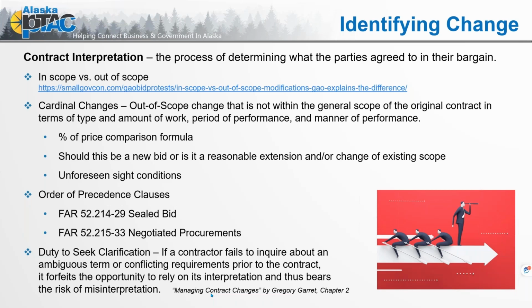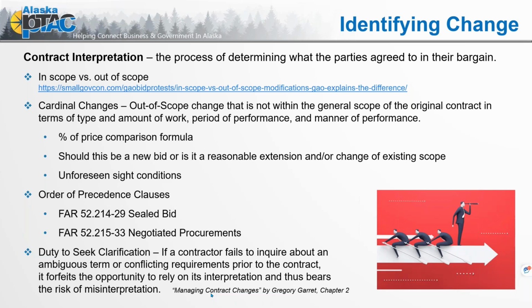So if this goes before some sort of determining board as to the validity of your change request, and it is determined that you knew there were flaws and you didn't bring that to the attention of the contracting officer during the solicitation process, then I'm sorry, you took that risk and you are going to bear that risk, and it's not going to be identified as a change order.